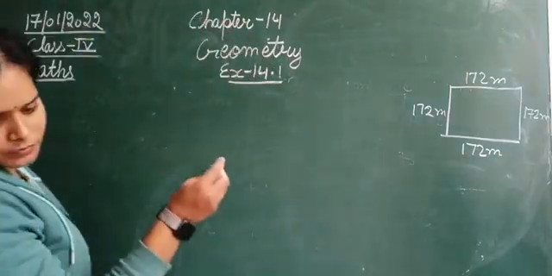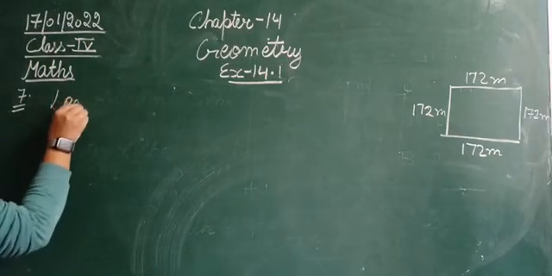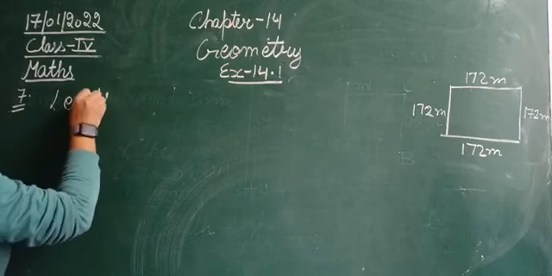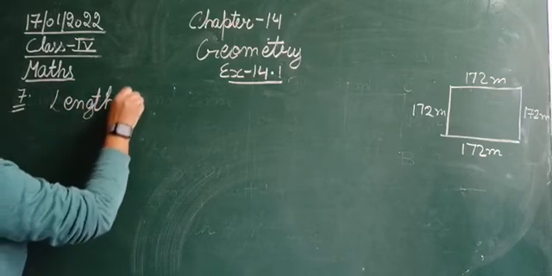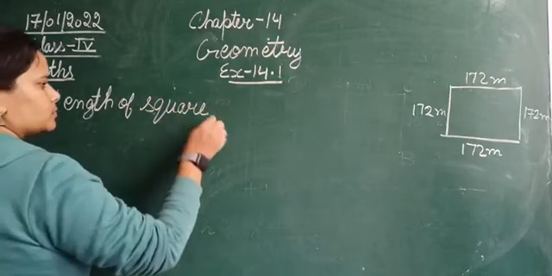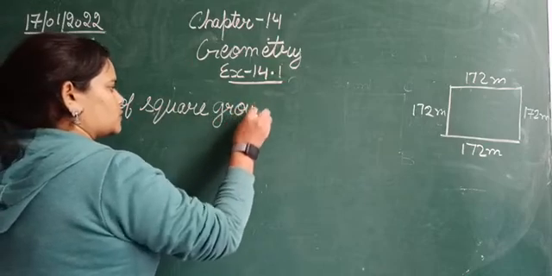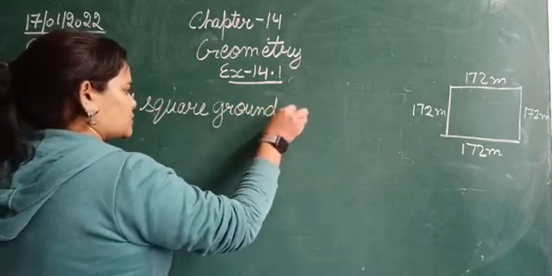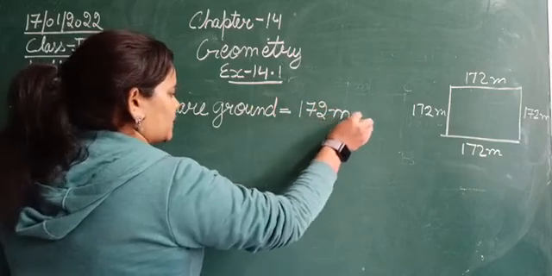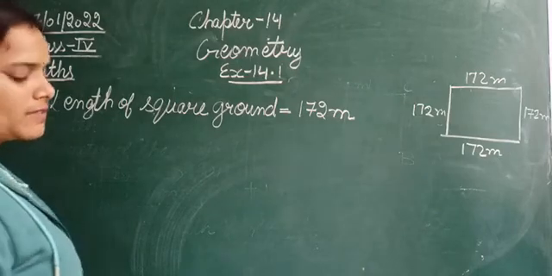Length of square ground is equal to 172 meter. Length of square ground is 172 meter.